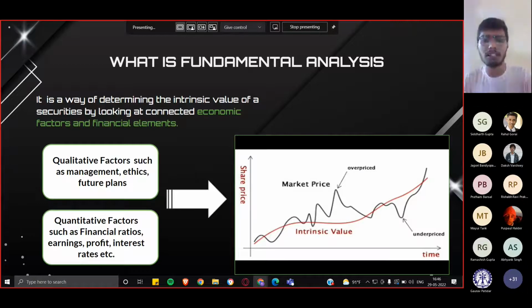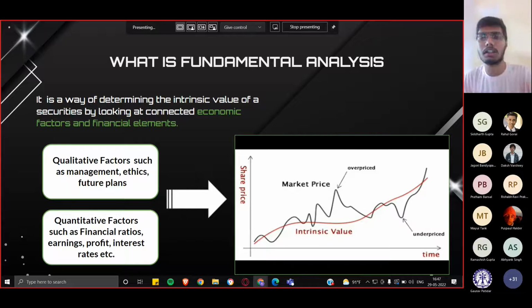Eventually the intrinsic value and the market price will try to coincide with each other. The intrinsic value remains constant or can change depending on those factors, but they will try to coincide, and according to that we put orders in the market.